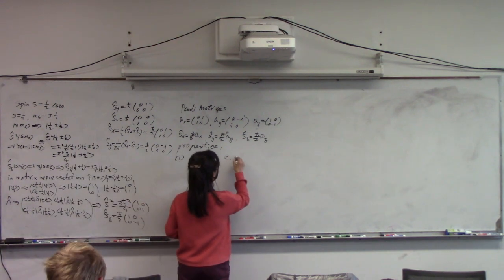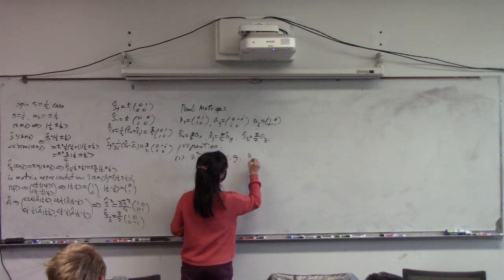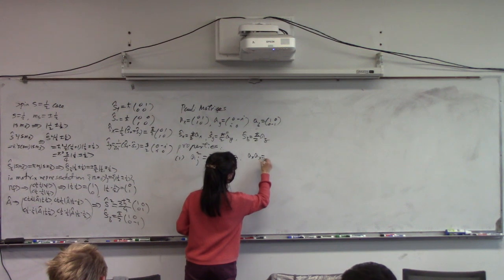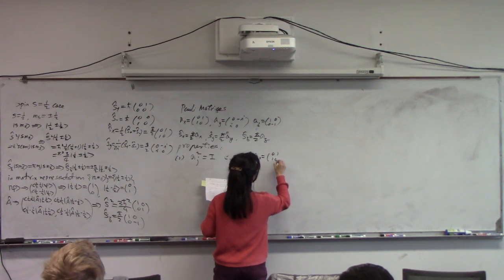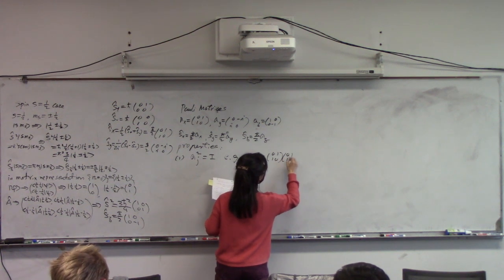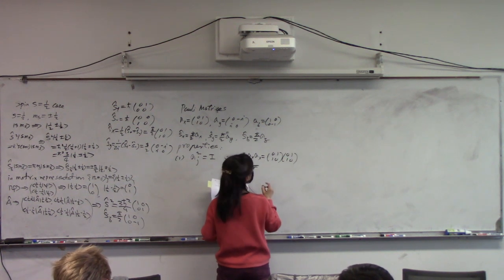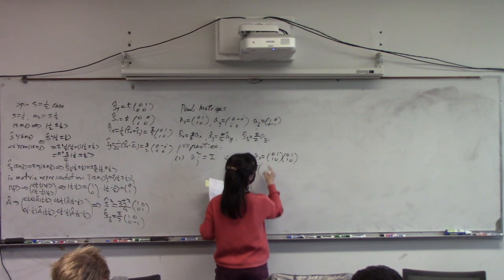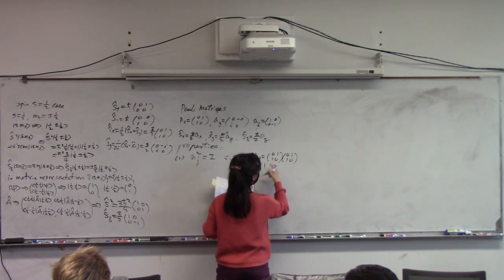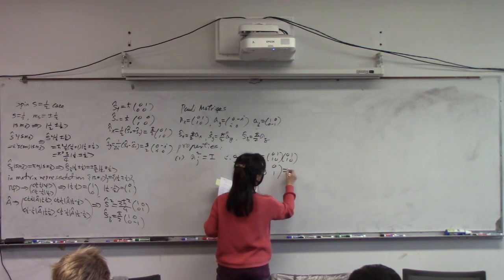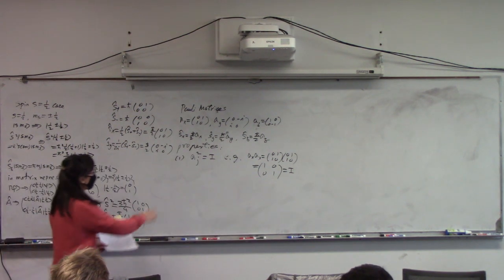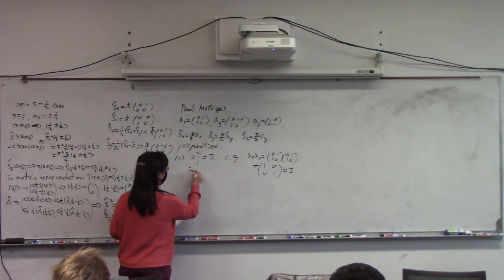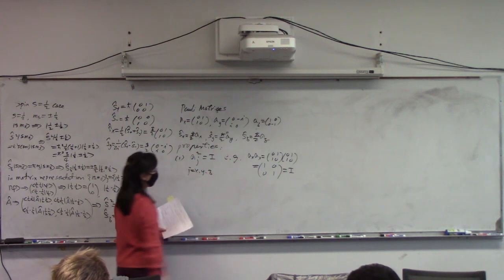For example, sigma x is (0, 1; 1, 0), and multiplying it by itself you can see this is 1 and this is 0, 0, 1. Yes. The others you can do the same thing, for j from x, y, z. You can check yourself.